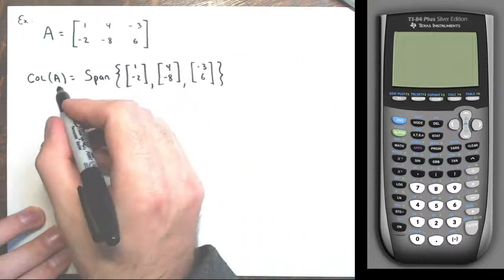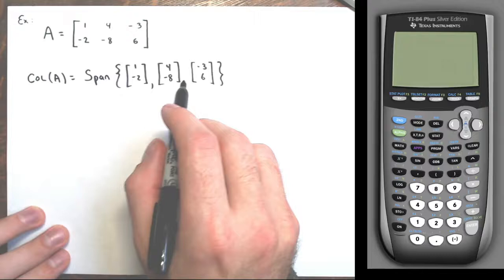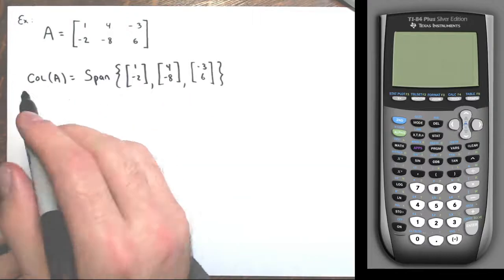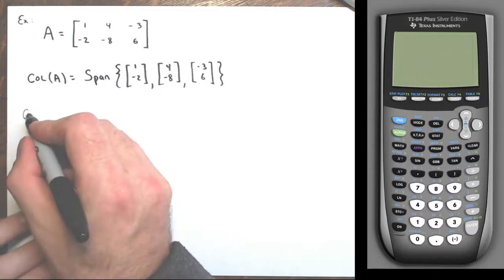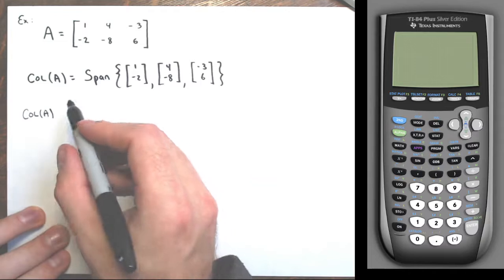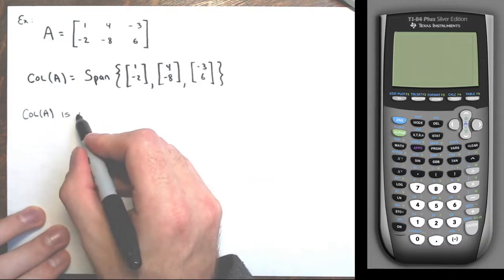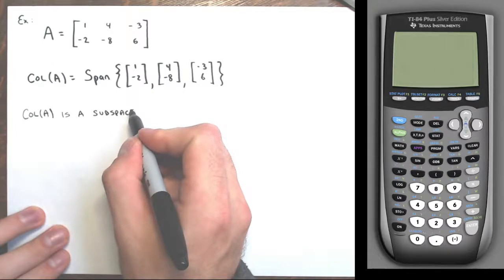And as before, these are all vectors from R2, two components again. And the column space of A is a vector space. The span of a set of vectors will be a vector space, and it's a subset of R2, so it's a subspace of R2.